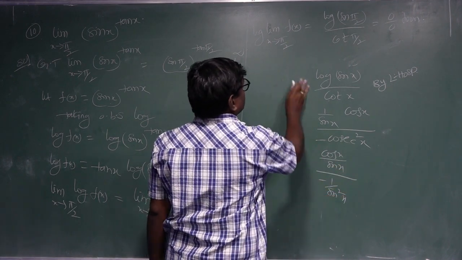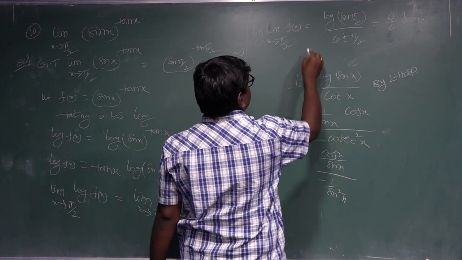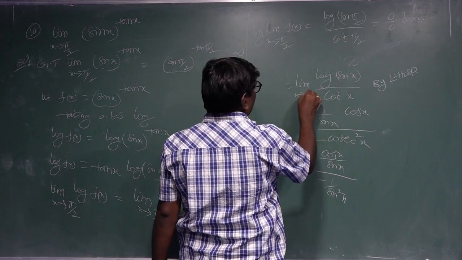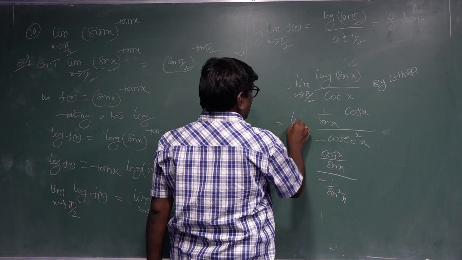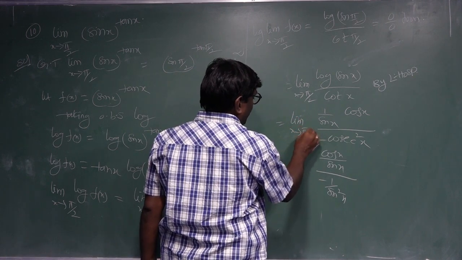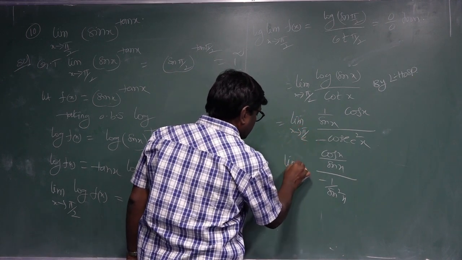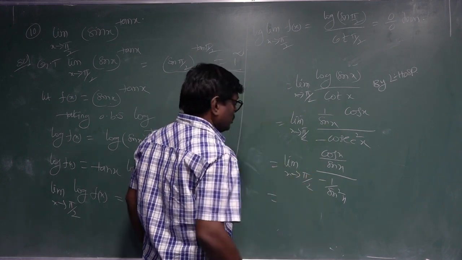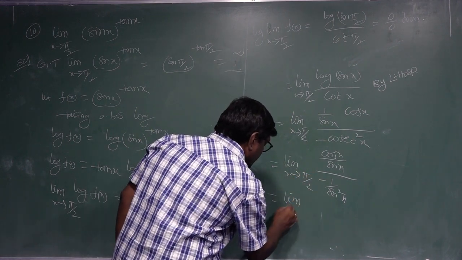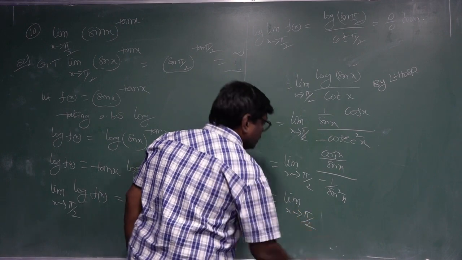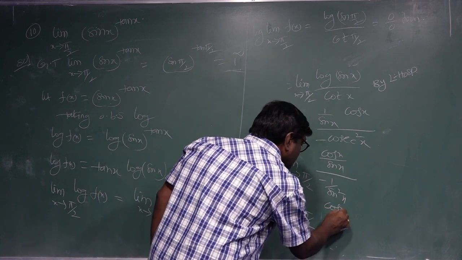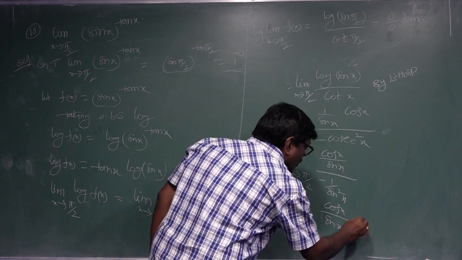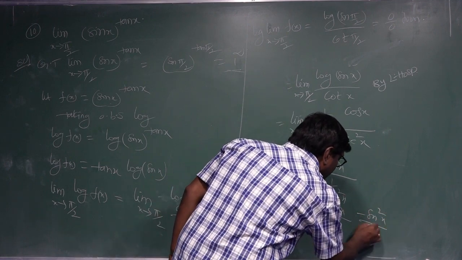Limit as x tends to pi by 2 is equal to limit as x tends to pi by 2 of cos x by sin x into minus sin square x by 1.